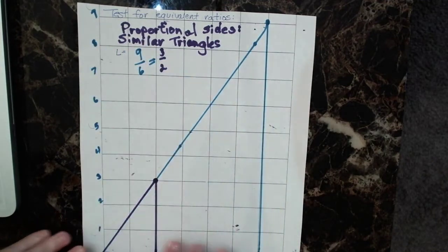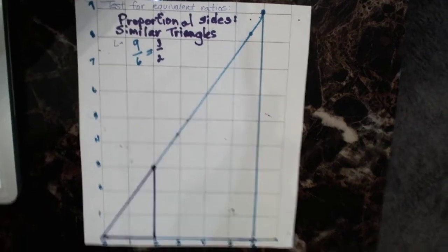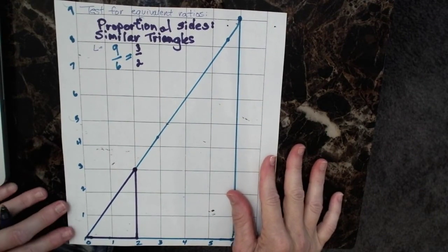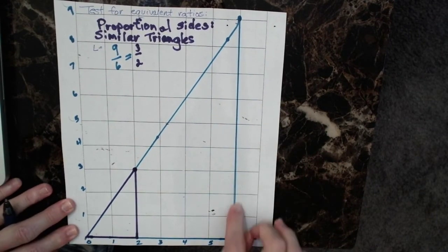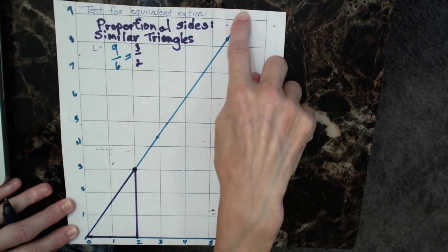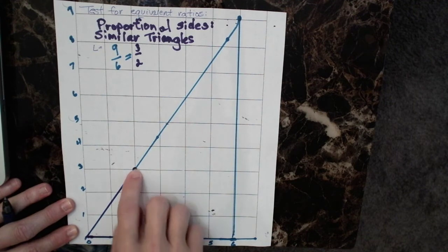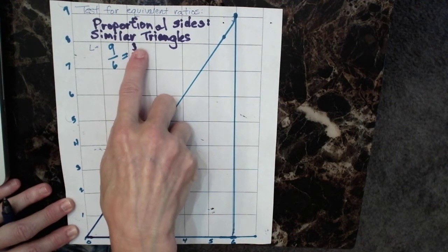So you can see it went up to 9 from 0. So we went all the way up to 9. And then the length of this smaller triangle is 3. So I have the length here and here.